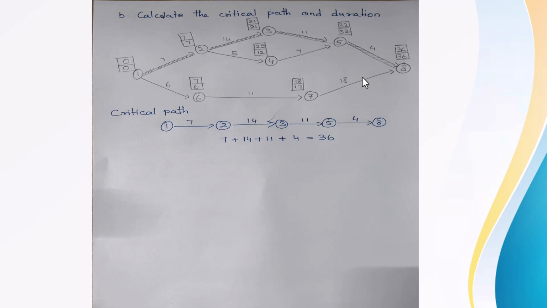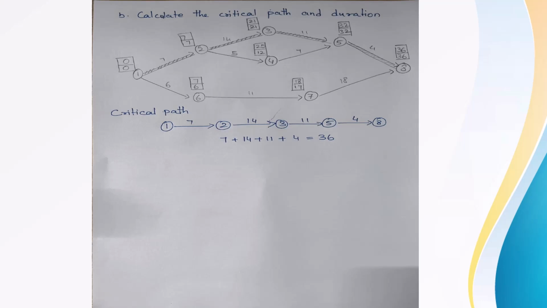Then whenever we are going forward, we just have to add the duration to the EST. So in the first activity, the EST is 0 and the duration between 1 to 2 is 7. So I'll just add 0 plus 7, I'll get 7. So the EST for activity 2 will become 7.